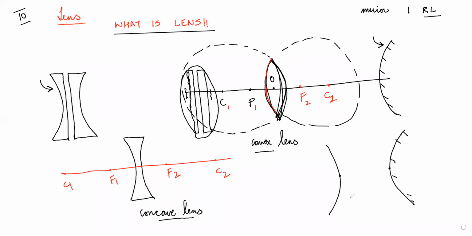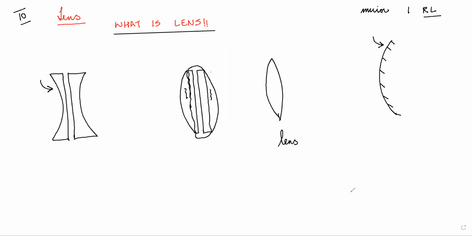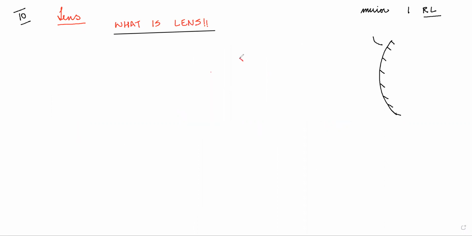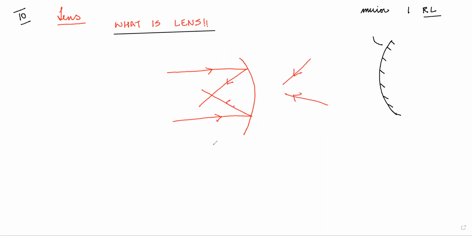One more interesting thing, students. If I say that a concave mirror is converging, it means the rays falling on it try to converge. This is convergence. On the opposite, a concave lens is diverging.